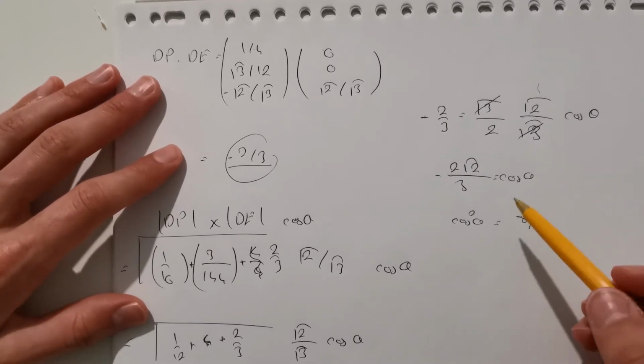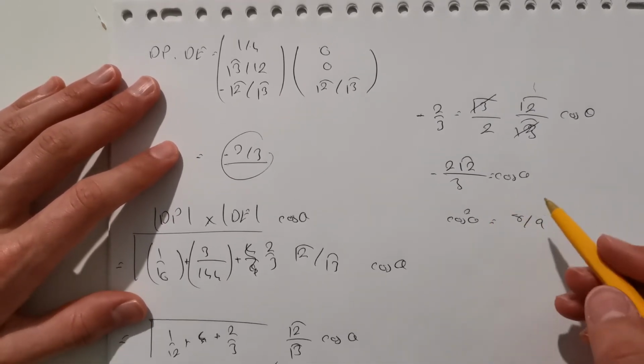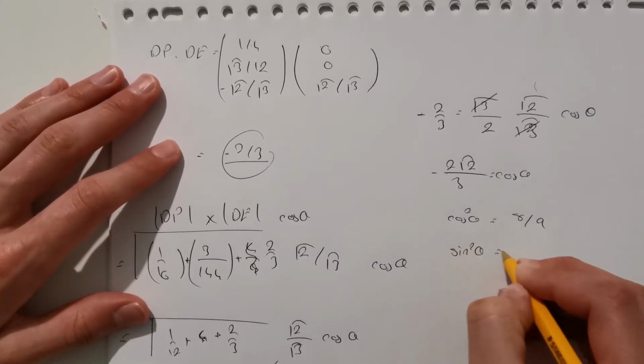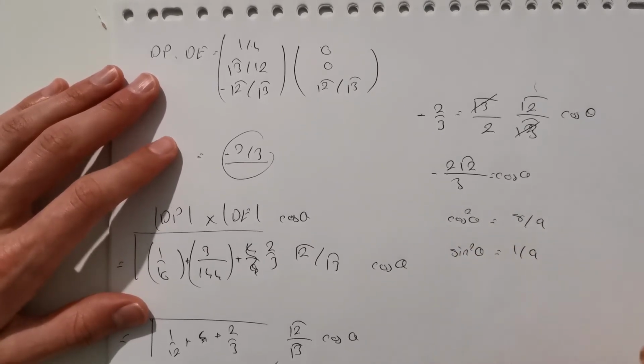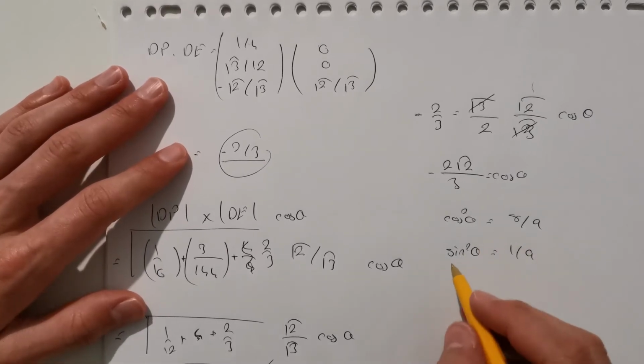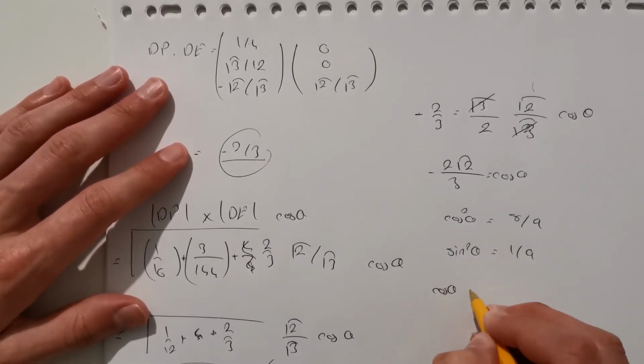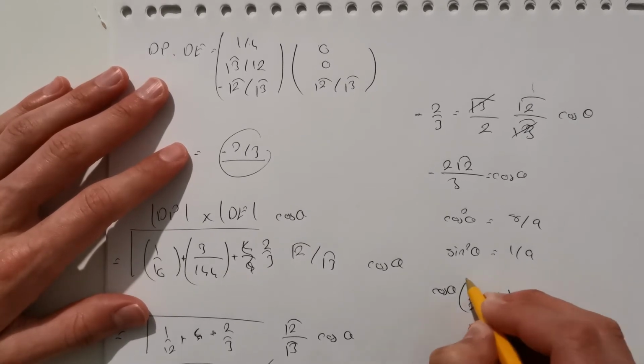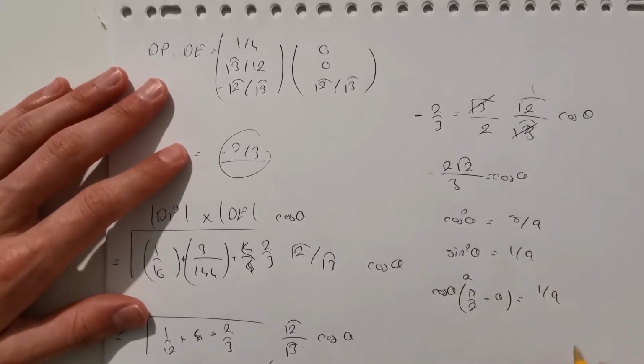And using the identity sine squared plus cos squared equals 1, I get sine squared theta equals 1/9. I can rewrite this as cos squared of pi/2 minus theta equals 1/9.